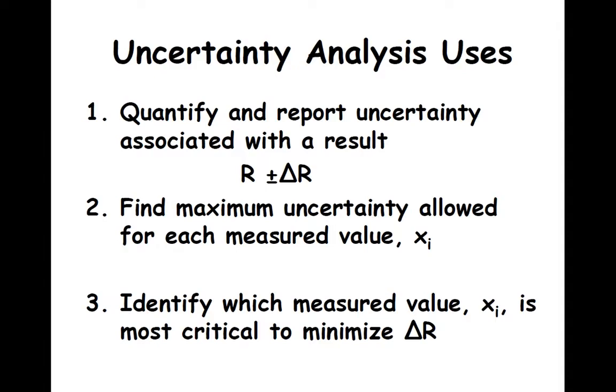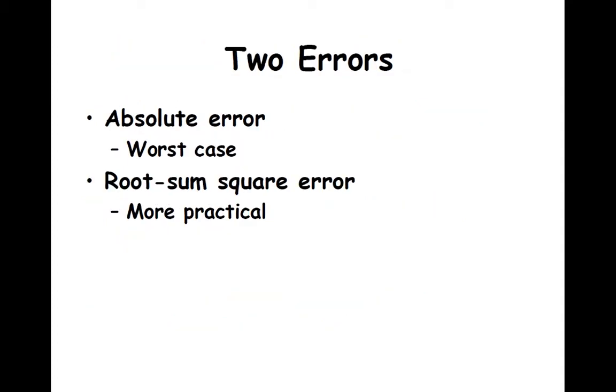There is one other type of problem that is the opposite and not covered in this course, which is with the maximum allowable uncertainty, delta R. What is the allowable uncertainty of the measurement of each variable? We can calculate two types of errors, absolute error and root sum square error.